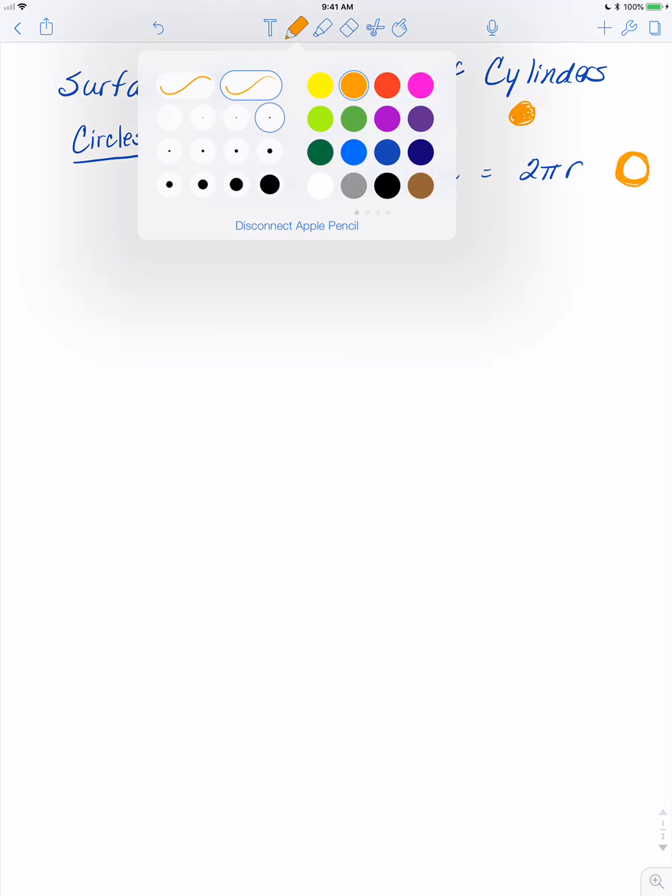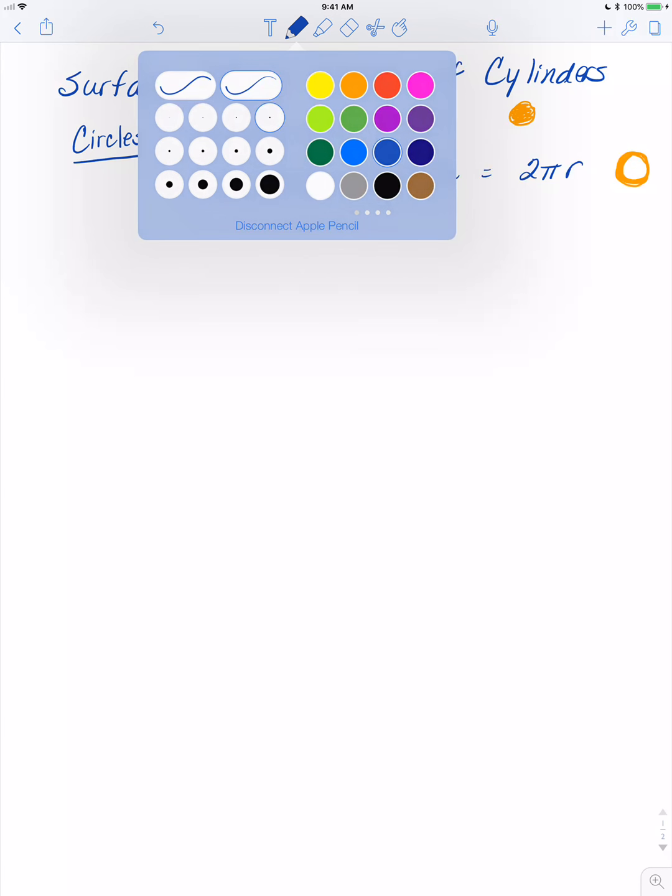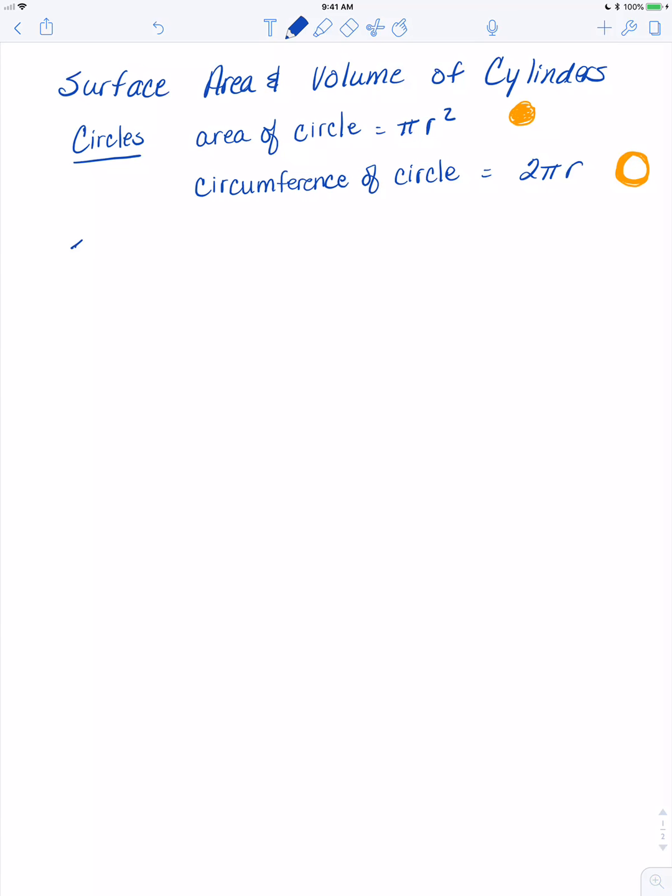So when we talk about the surface area, okay, it's a sort of a long formula, but hopefully we're going to understand it in just a moment.